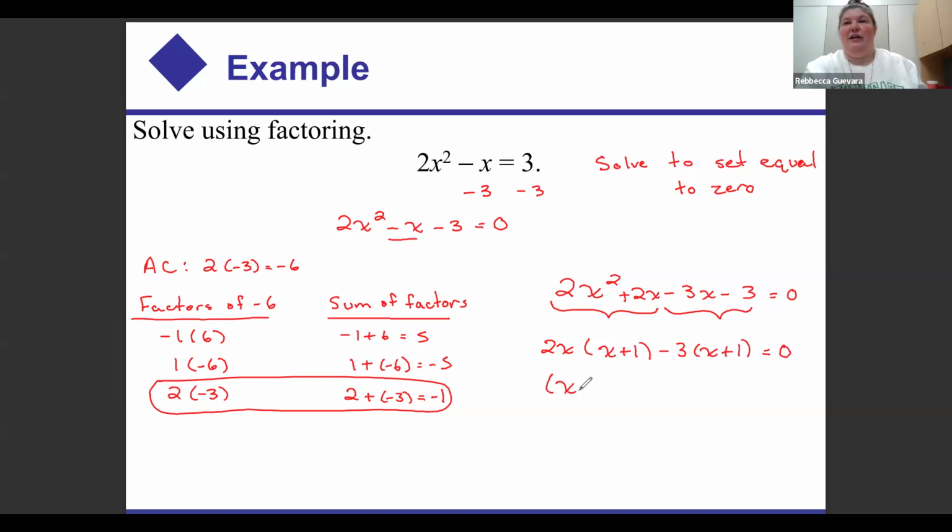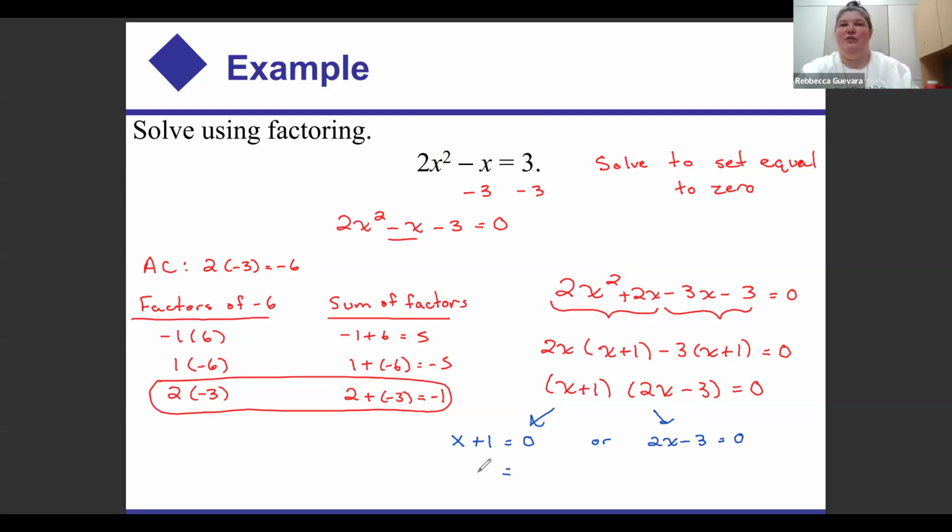So if I factor out x plus 1, I'm left with 2x minus 3, and we know that all equals 0. So now we've got our two binomials. Either x plus 1 equals 0 or 2x minus 3 equals 0 to cause this to all equal 0.